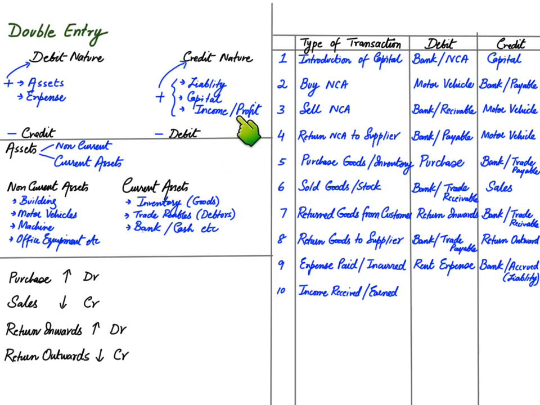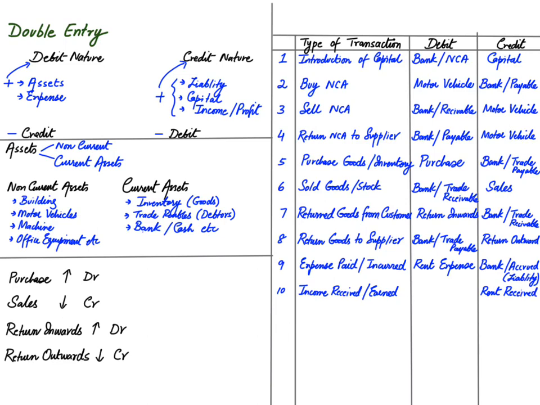So anything that increases capital will carry the same nature as that of capital. If the capital is credit, income is also credit. Whenever profit is increasing, capital is also increasing. So whenever we are earning some income, the income account is credit.